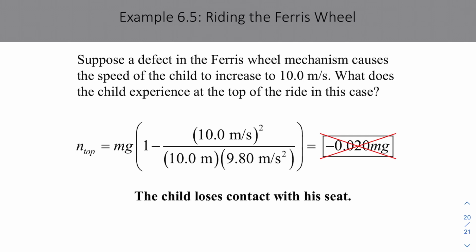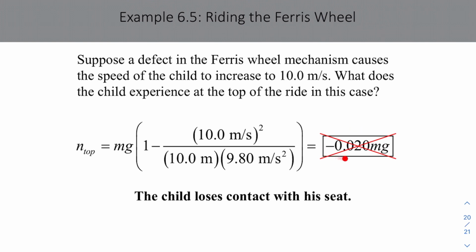Suppose a defect in the Ferris wheel mechanism causes the speed of the child to increase to 10 meters per second. What does the child experience at the top of the ride in this case? If we substitute the value of 10 meters per second into the equation for the normal at the top, we get the value of normal at the top as negative 0.020 times mg.